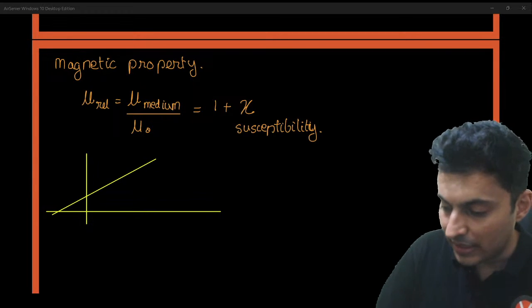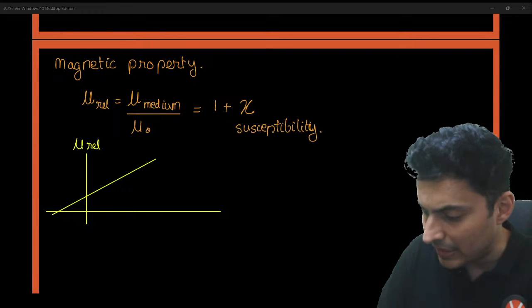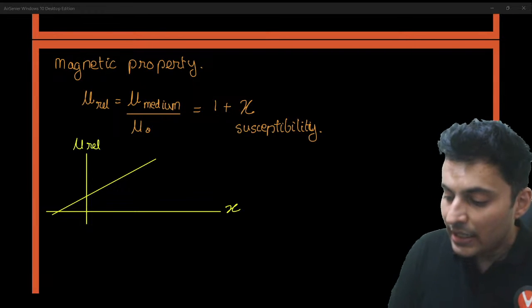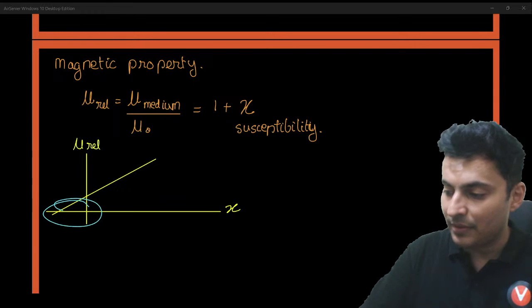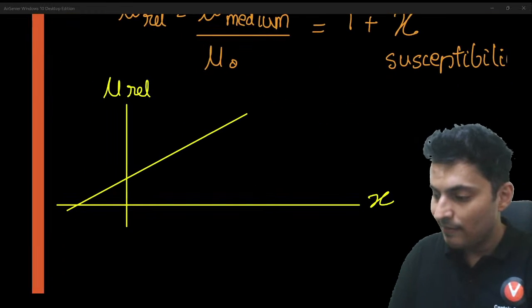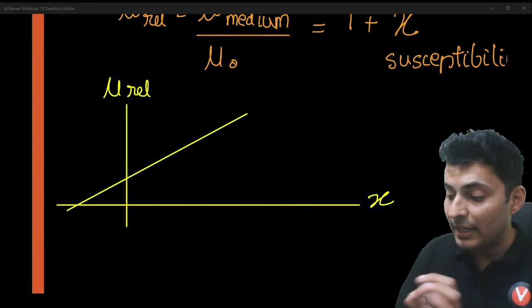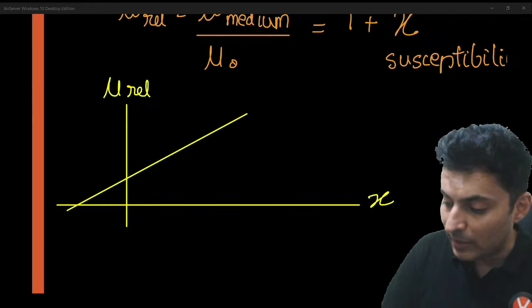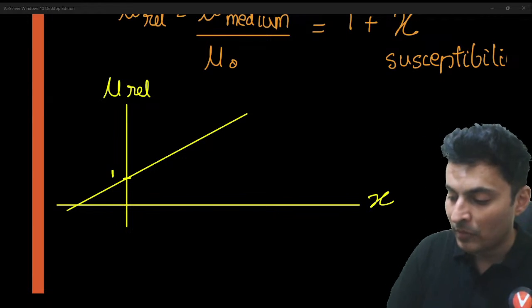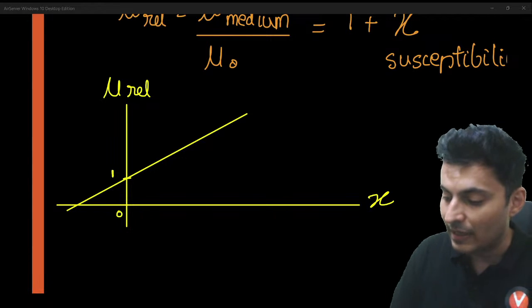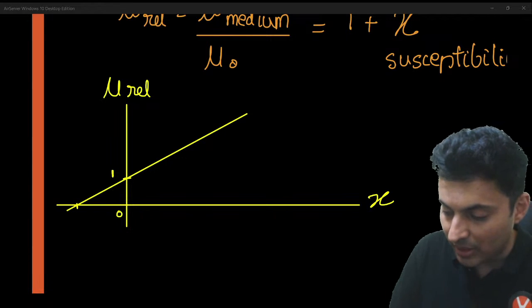This is relative permeability, this is susceptibility. Now, in this region, susceptibility is negative, but relative permeability is less than 1. This is actually minus 1.